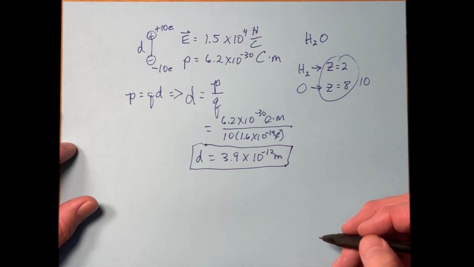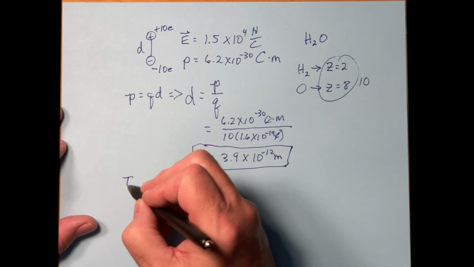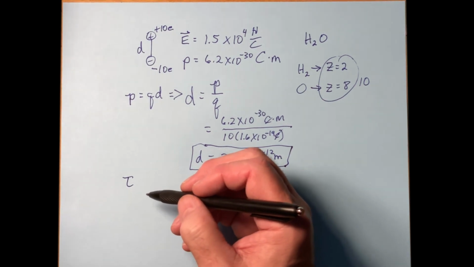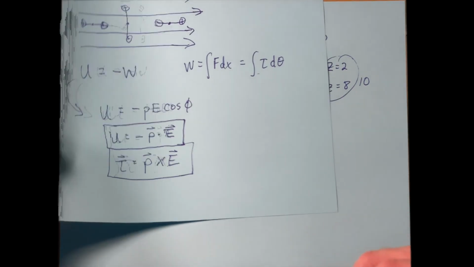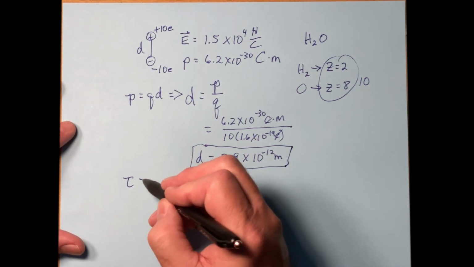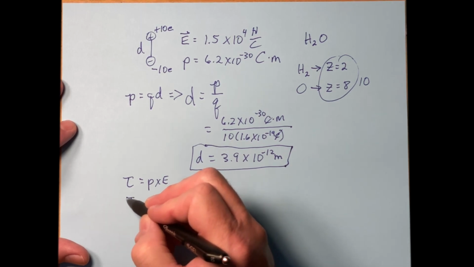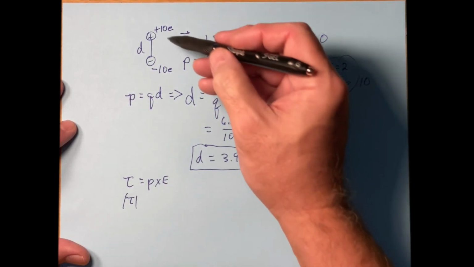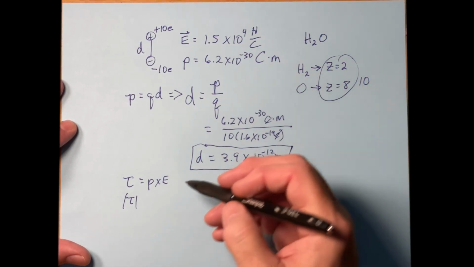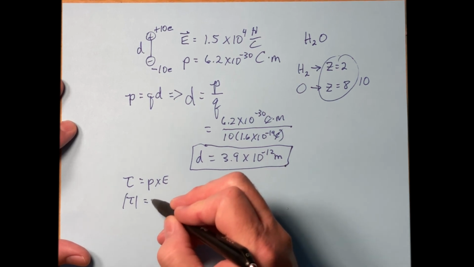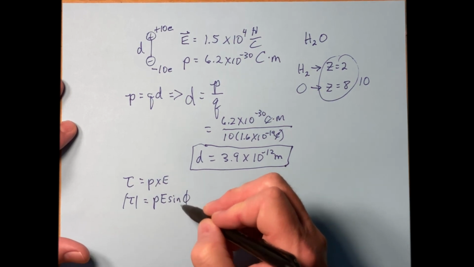Okay, we can figure out torque here as well. Let's go ahead and do that. The torque equation is given by this. So it's going to be P cross E. And if I'm just interested in the magnitude of the torque, because for this problem I'm not given any kind of directions for E or angles between the two, the magnitude is going to be PE times the sine of the angle between the two vectors.